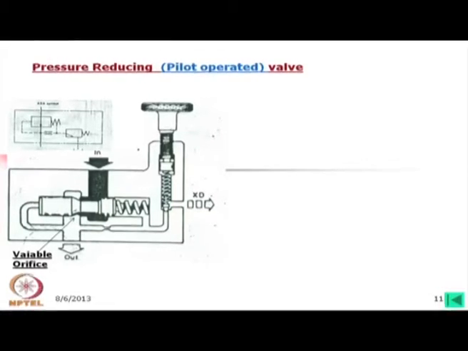Now, what will happen that if this total flow is not utilized in this side, this pressure will increase to the set pressure here. In fact, most of the time the pressure here will be just above the system pressure supplied by the system line.